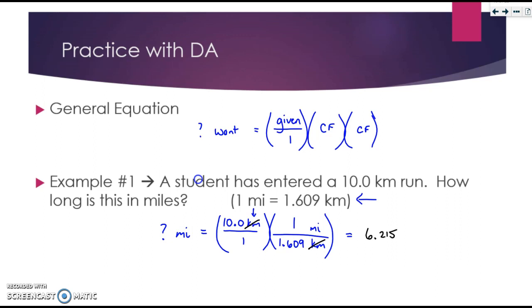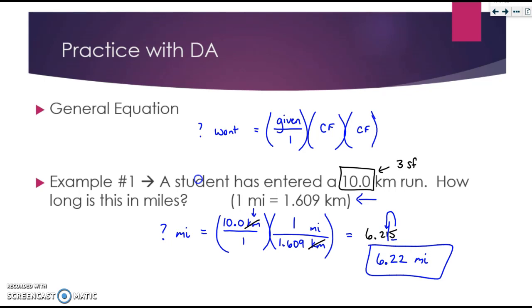But you have to record the proper number of sig figs. So we go back to our given. Our given is 3 sig figs, so we need our answer to also be 3 sig figs. So that 5 rounds that 1 to a 2. So the answer will be 6.22 miles.